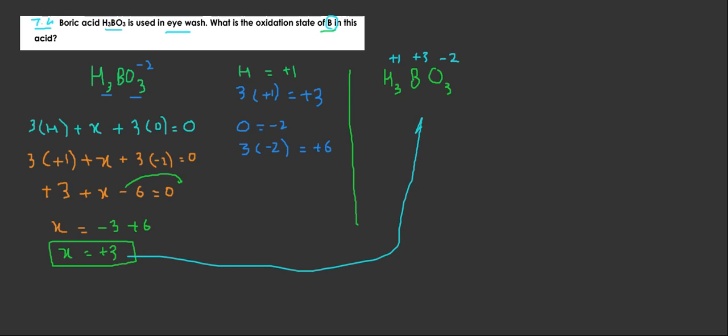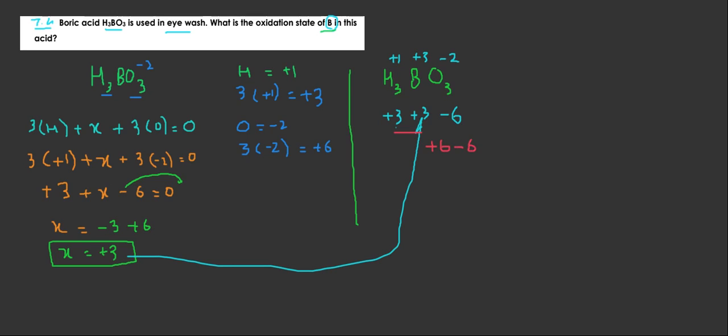So now 3 multiplied by +1 will give you +3, and for boron you have +3 charge, so you can write +3, and for oxygen 3 multiplied by -2 will give you -6. So +3 and +3 you will get +6, and for oxygen you have -6.